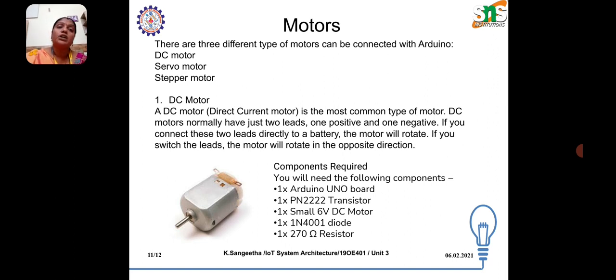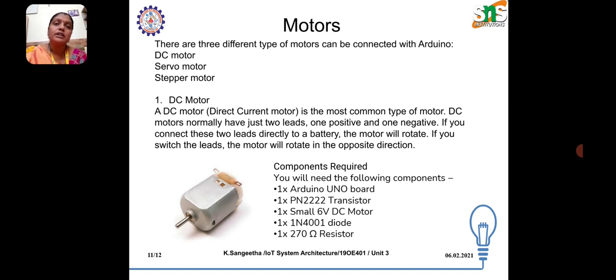A DC motor normally has just two leads, one positive and one negative. If we connect these two leads directly to a battery, the motor will rotate. If we switch the leads, the motor will rotate in the opposite direction. So we can control the speed and direction of the motor.